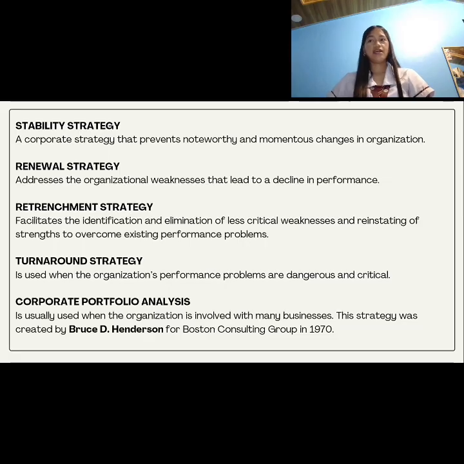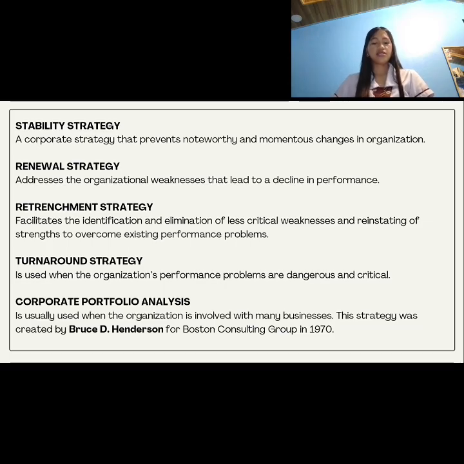Renewal strategy addresses the organizational weaknesses that lead to a decline in performance. It is when a company decides to revise or fix the business because it's facing problems or declining performance. Retrenchment strategy facilitates the identification and elimination of less critical weaknesses and reinstating of strengths to overcome existing performance problems.